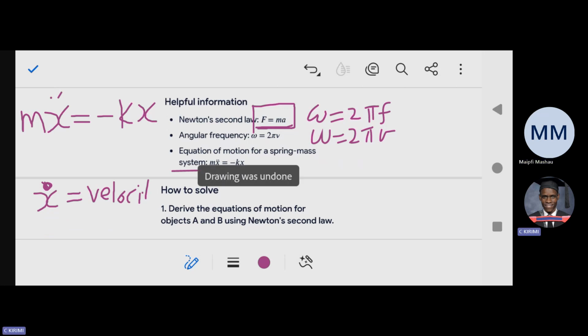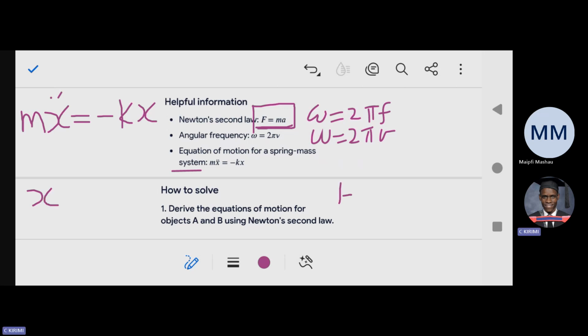So you must familiarize yourself with those terms. Now, when it is just x, it means displacement. If my spring is here, with the mass, I moved from equilibrium to where I compressed the spring. So x just indicates the magnitude of the distance in meters, how much you compress the spring.